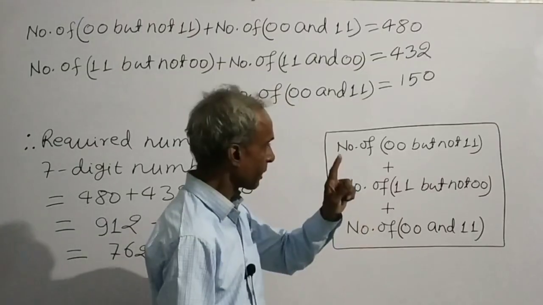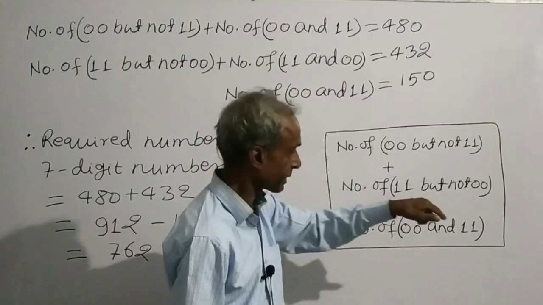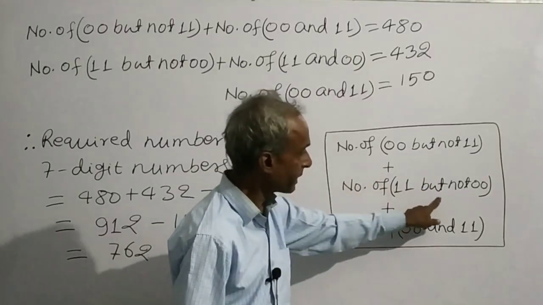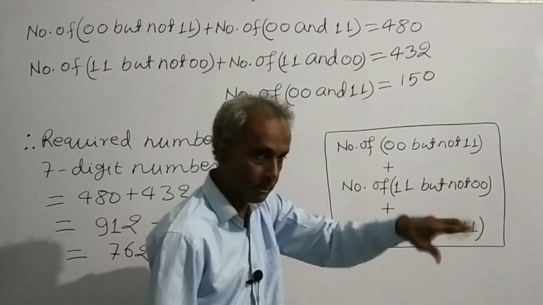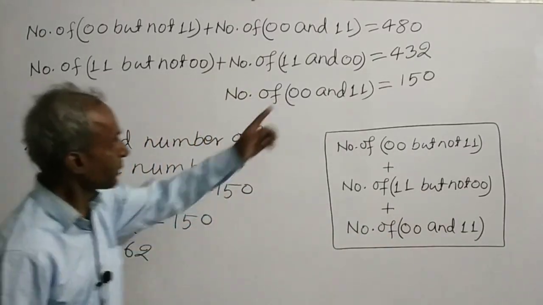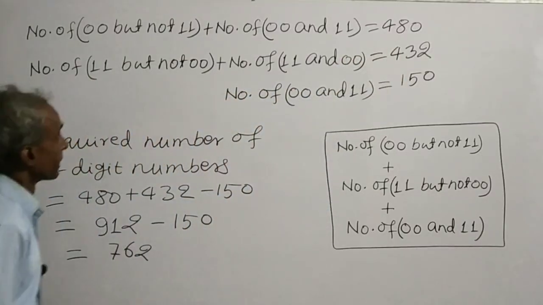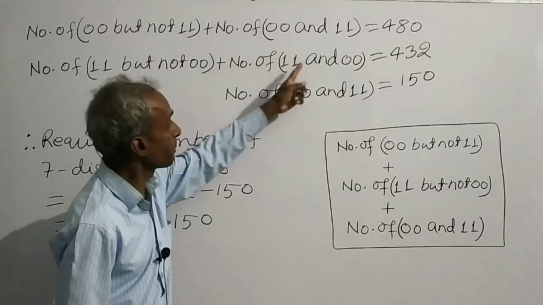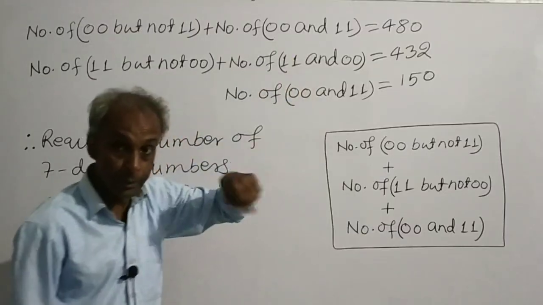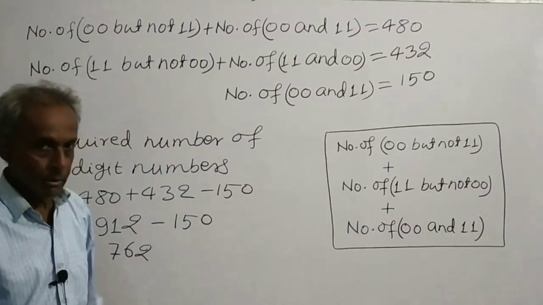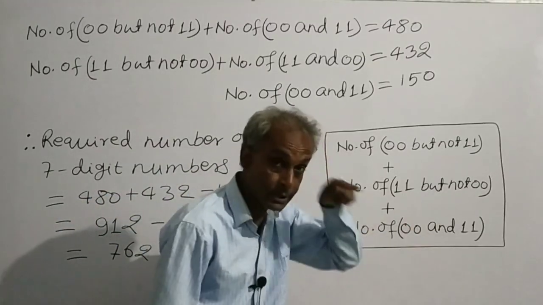Actually, in this question, we have to find the number of this type of numbers plus the number of this type of numbers. If we add these two, then this type of number will be added twice, but we have to count this type of numbers once.